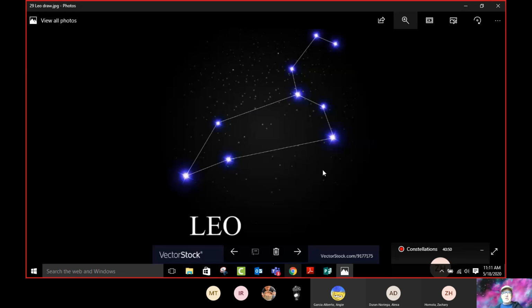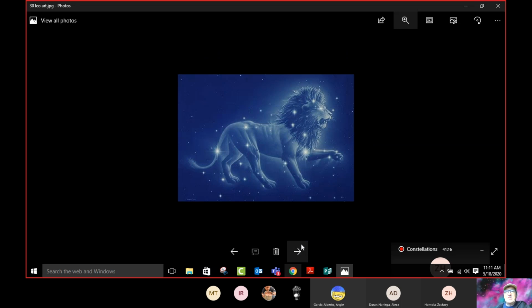Here's a diagram of it that you can use to draw on your paper. So again, we have the backwards question mark. This is Leo's head up here. It's just the front of the head is not marked by any stars. And I think he's lying down, and his body is here with his tail back there. Leo the lion. Here's an artist representation. Standing.